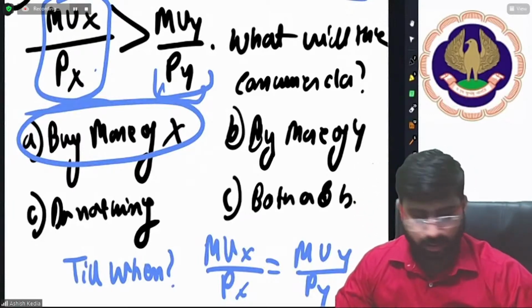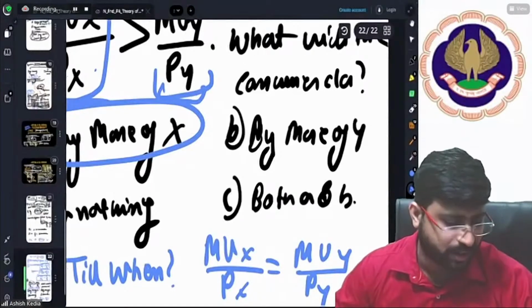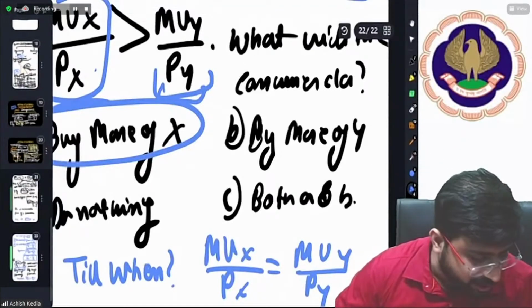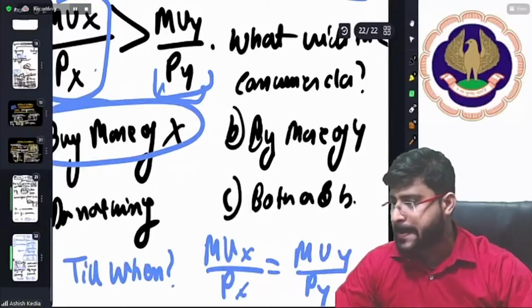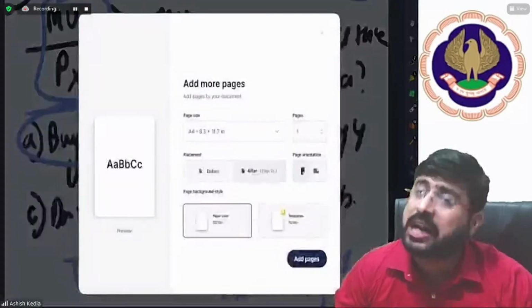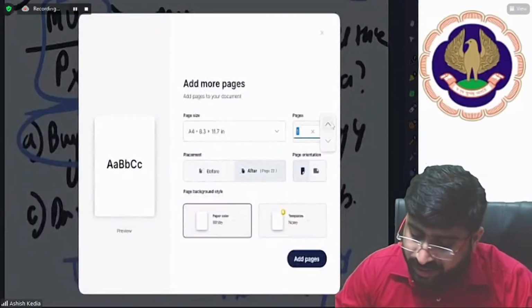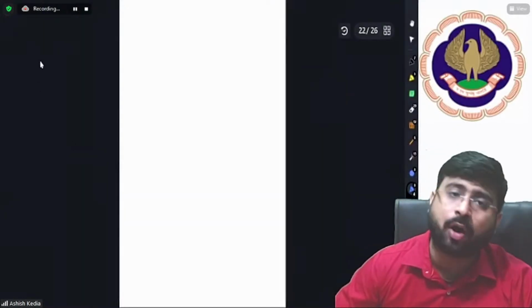Sir, we understood. Now, our institute material tells what we have to study next. We will now study applications and limitations of consumer surplus. All this concept was given by Alfred Marshall. Who gave the concept of consumer surplus and the law of DMU?